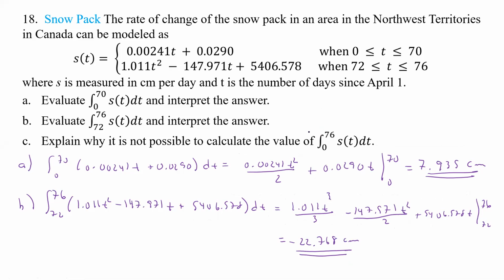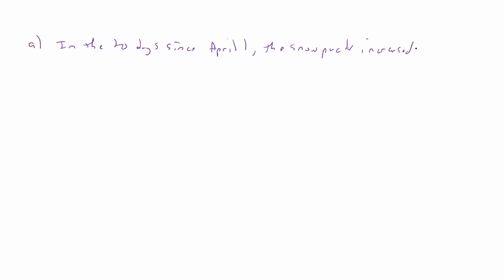So what we need to do is now, do we have hopefully another page? Yes, we do. So for part A, the interpretation was in the 70 days since, I think it was April 1st, the snowpack increased. It was 7.935 centimeters.